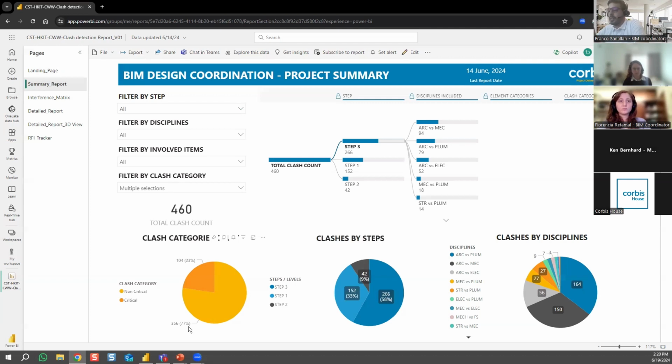A critical clash is basically a clash that requires our attention right now to solve this lack of coordination immediately, and the non-critical are the clashes that we have to pay attention to solve, but not right now specifically. Then, next to this orange graph, we use this methodology to classify the internal number of clashes in steps or levels and by disciplines.